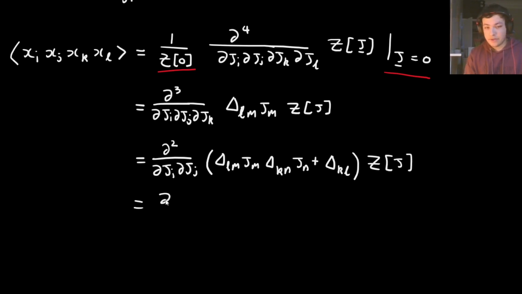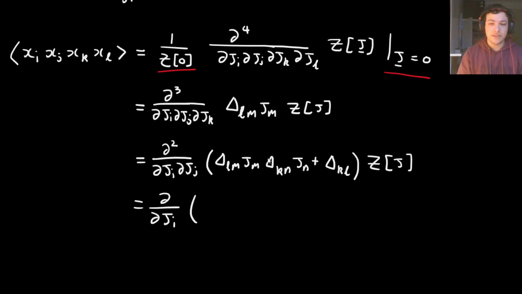We do it again, so we're going to get a dJi left over. Everything inside is going to get multiplied by a delta Jp, but this term we're not going to bother writing in. Because we've only got one derivative left, we don't want too many extra terms that will get killed off by the j equals 0 condition.